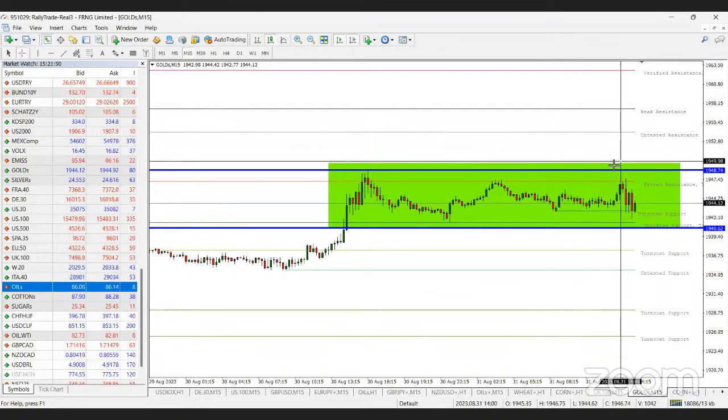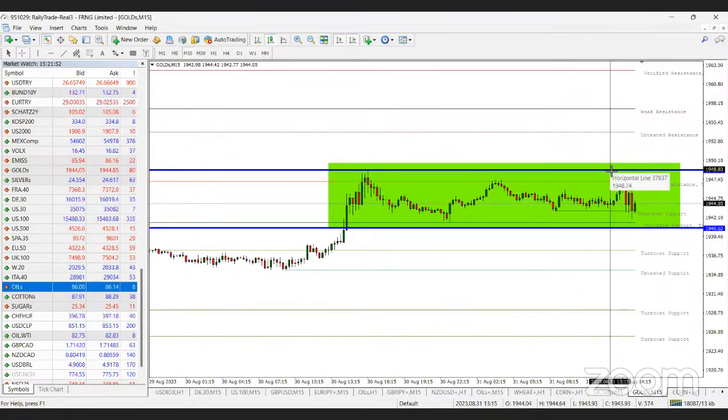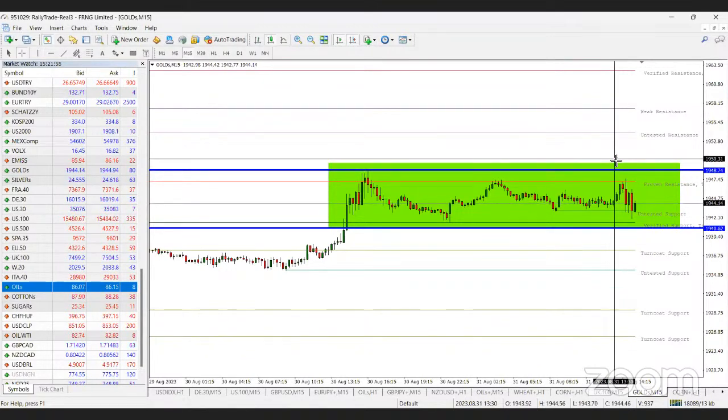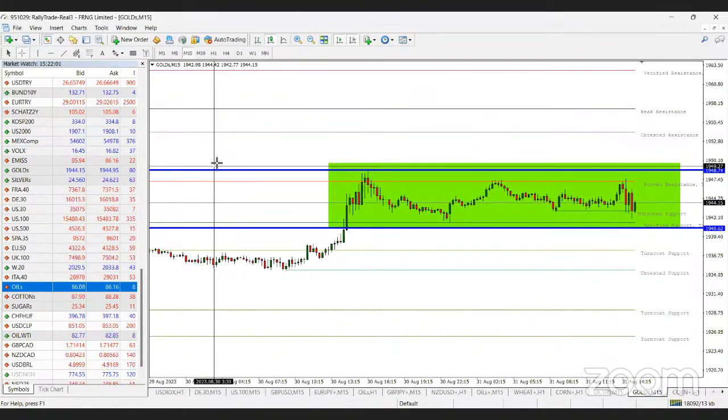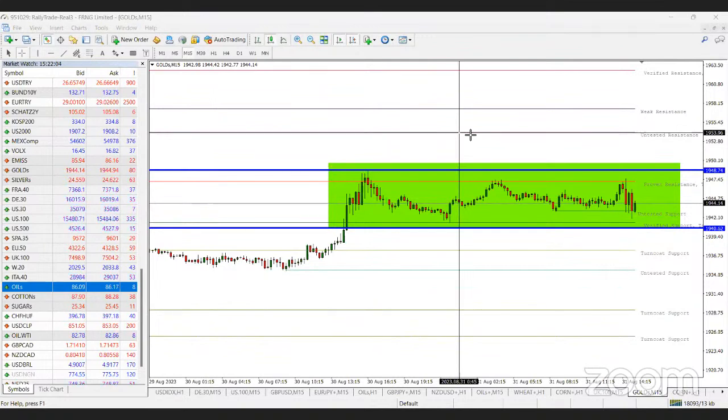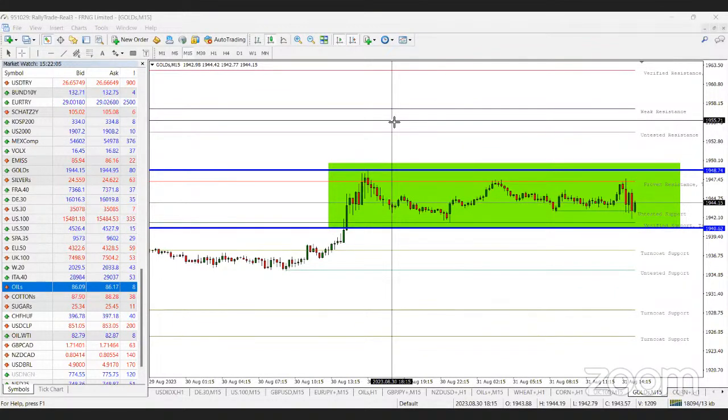But if price buys to 1948, we can buy it from 1948 to around 1951. Okay, we'll sell gold from 1940 to 1938, and we can buy gold from 1948 to 1951.